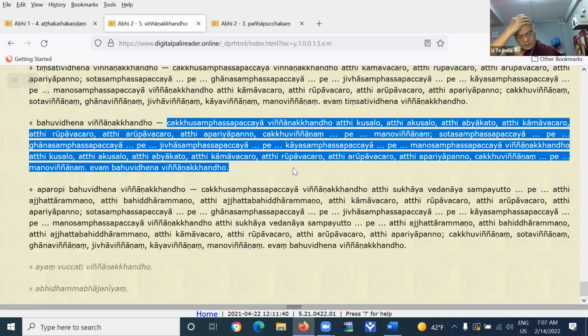Yes, we have Chakkhu Vijnanam, Sota Vijnanam, Ghana Vijnanam, Jivha Vijnanam, Kaya Vijnanam, Mano Vijnanam.